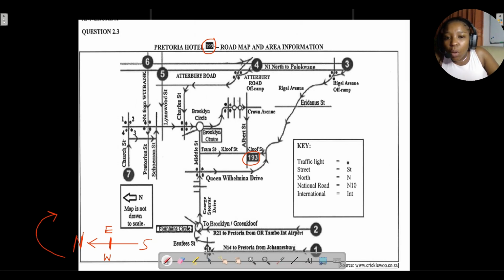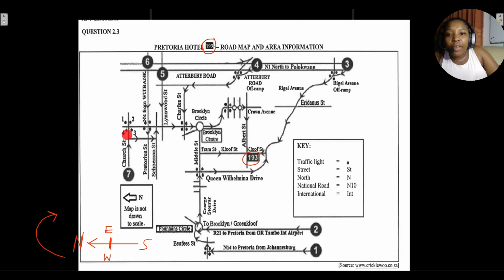What else are we seeing here on this map? We can see all of these routes on this map. We are given 1, 2, 3, 4, 5. So let's see. From 1, if you follow this route, it leads to Pretoria Hotel. Number 2, you follow the arrows, it leads to Pretoria Hotel. 3 leads to Pretoria Hotel. 4 leads to Pretoria Hotel. 5 leads to, if we are following the arrows, Pretoria Hotel.